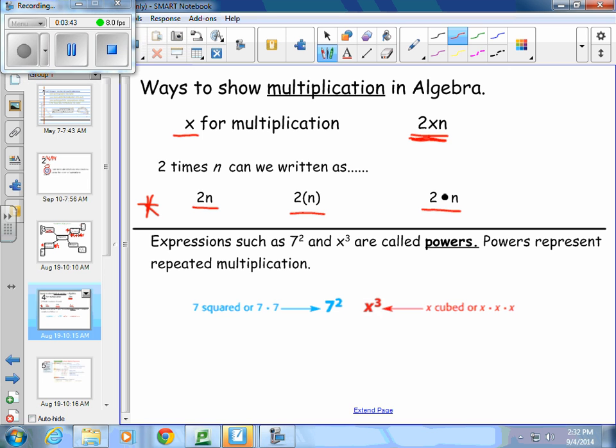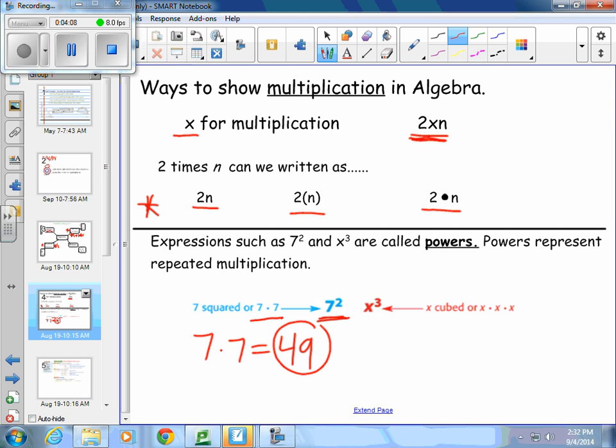Okay? If we are talking about exponents, which we talked about in class today, if we have 7 squared, that is the same as 7 times 7, which equals 49. This does not mean 7 times 2, it means 7 times 7, and then our answer is 49.